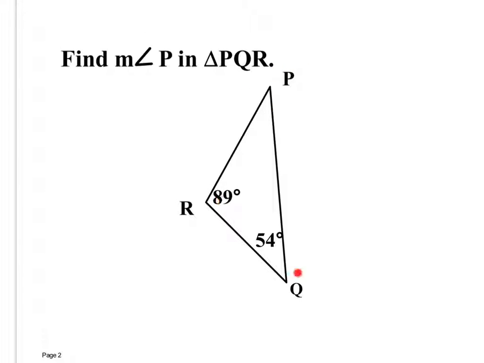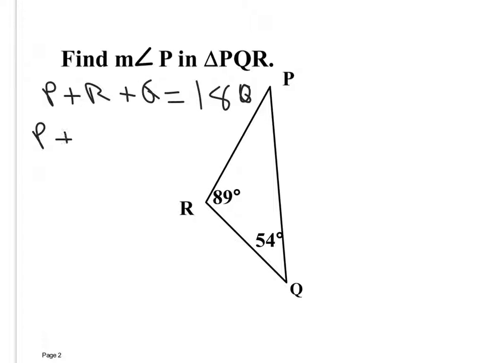Well, if I know two of the angles, I can find the third one, because I know that when I add P and R and Q together, I should get 180. So replace the letters with the numbers that I know. I don't know what P is, so I can call it P or call it X. I know that R is 89 degrees, and I know that Q is 54 degrees.